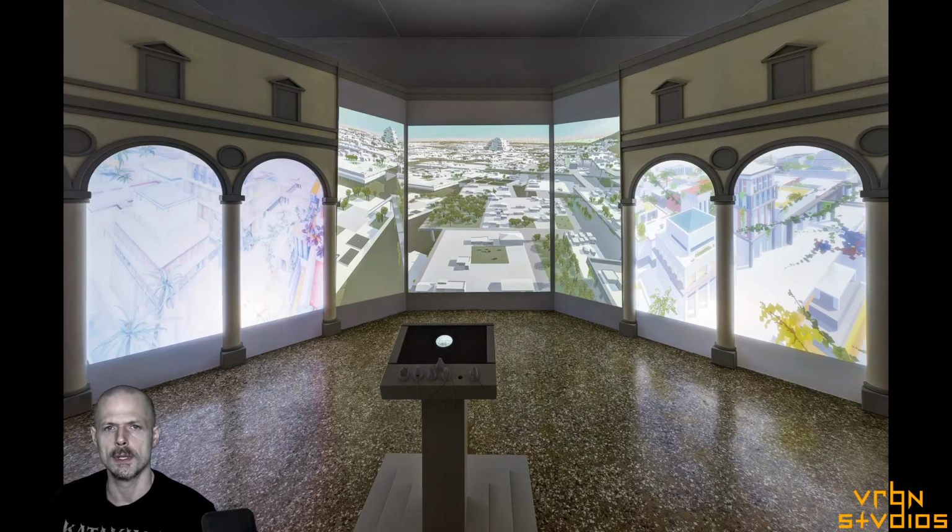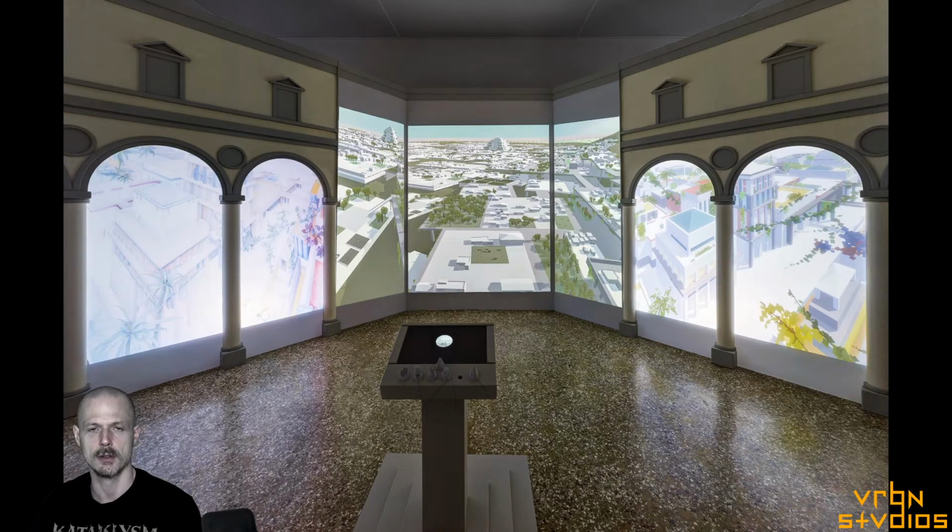Now, just showing some of the work where real-time technologies were involved. This image here is at the Architecture Biennale in Venice, in Italy, where we were able to support the Ideal Spaces Working Group, which was the main exhibitor here.